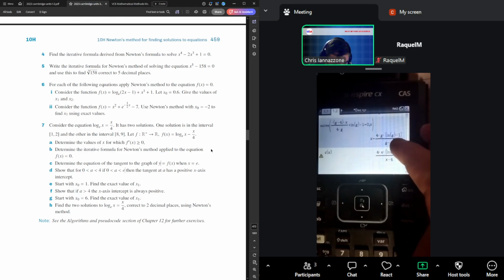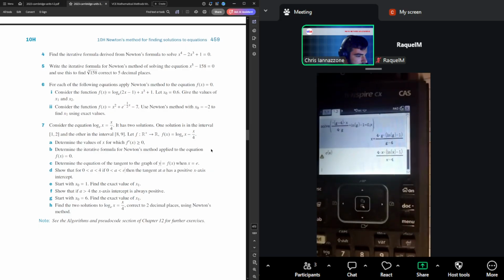Hang on, is that right then? Natural log of 0 is 1. Natural log of anything other than that should be positive. Why is that different? That should be between 0 and e. Uh-oh.